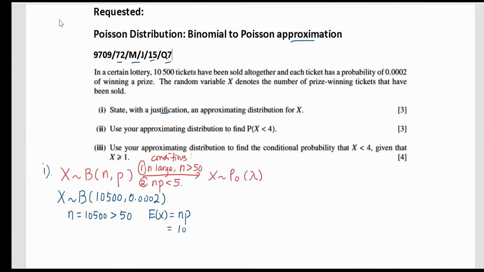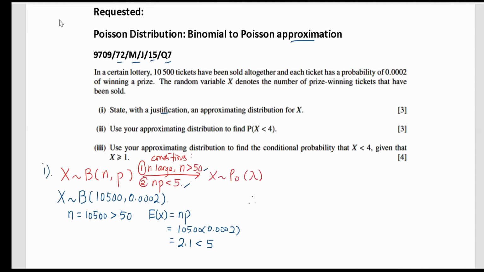Second, we look for the mean of the binomial distribution, which is np. Then we calculate this value, which is 2.1. And since 2.1 is less than 5, we also meet the second condition.